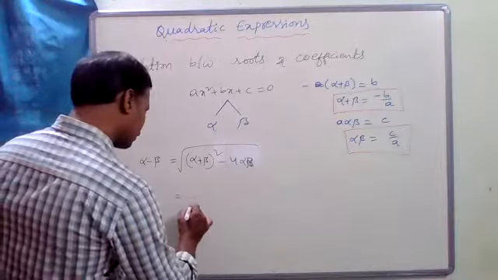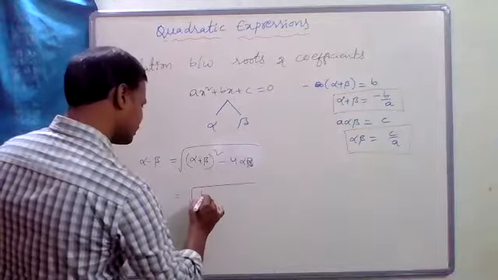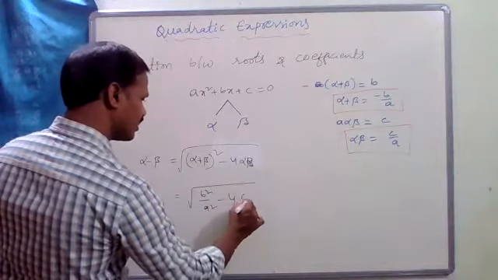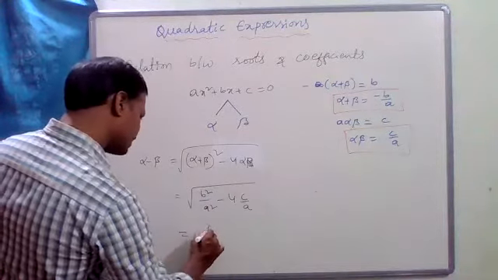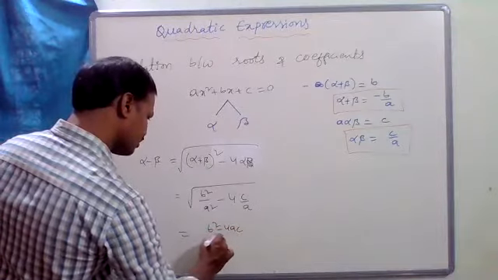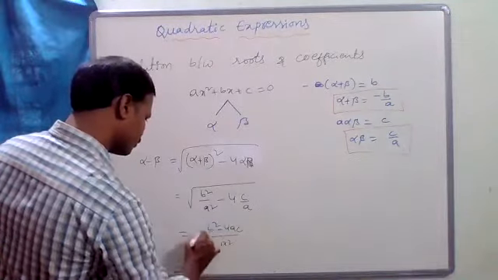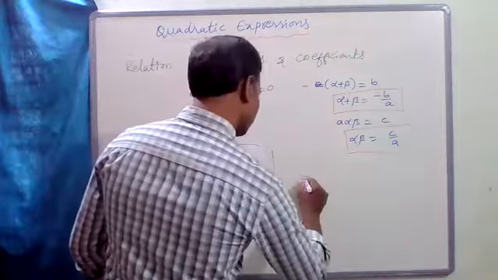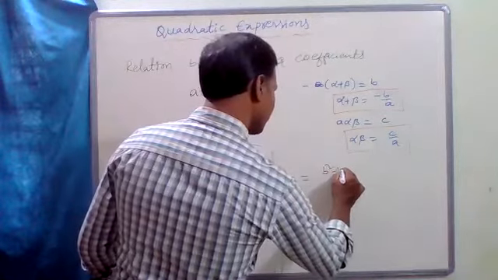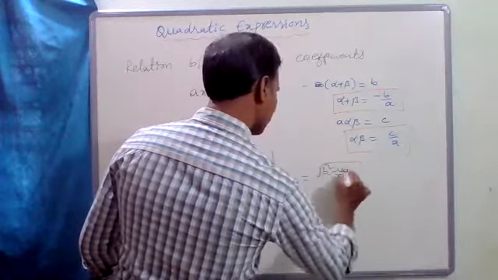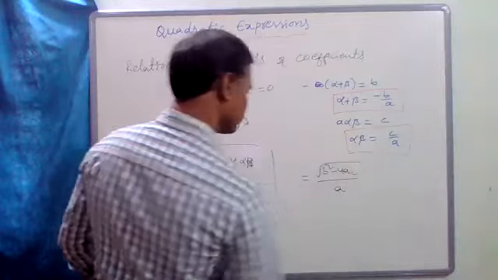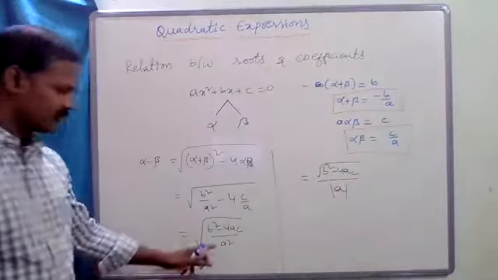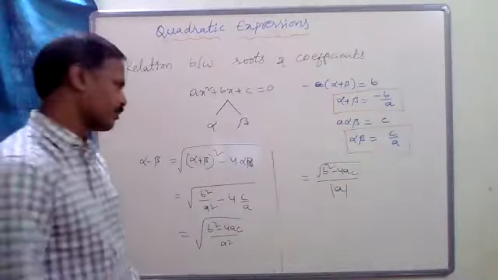So this is equal to the square root of, alpha plus beta whole square, which is b square by a square, minus 4 c by a. Now this is equal to the square root of b square minus 4ac by a square. Now this value equals square root of b square minus 4ac by root a square, which is mod a.